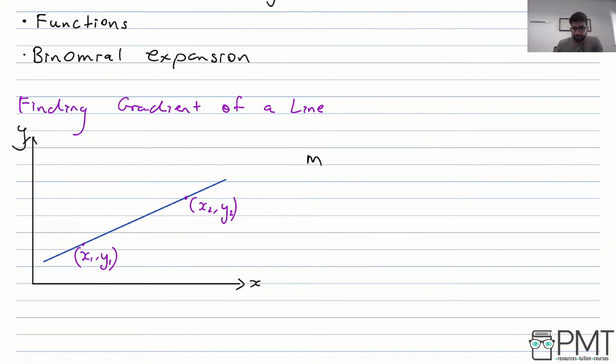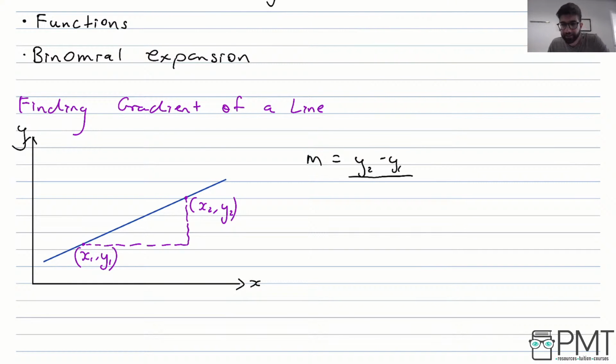You should remember from doing straight lines that the gradient is given by, if you consider this triangle, the difference in the y coordinates, y2 minus y1, divided by x2 minus x1.